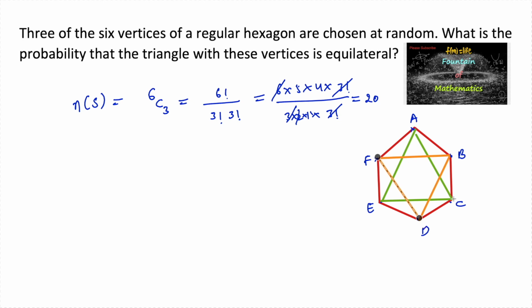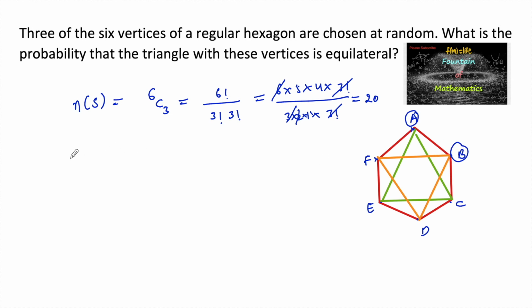And if it is considered from the vertex C, again you are getting the same AEC triangle, and from vertex D you are getting again BFD triangle, and from vertex E again AEC triangle, from F again FBD triangle. So we can say that from the 6 vertices we are getting only 2 equilateral triangles.